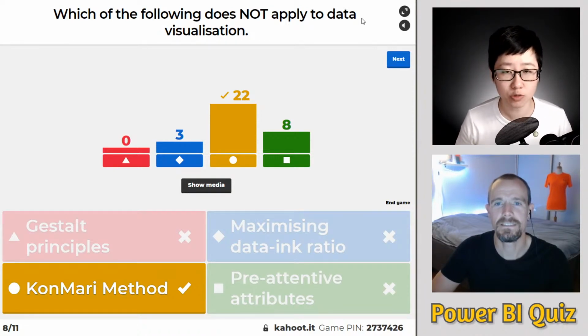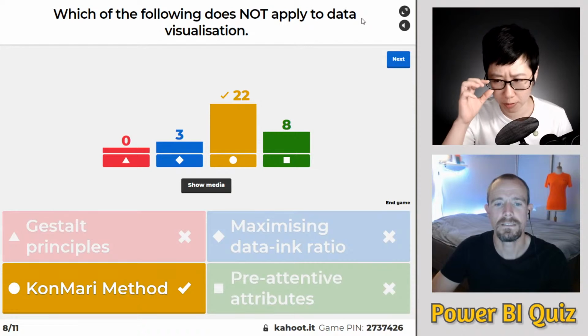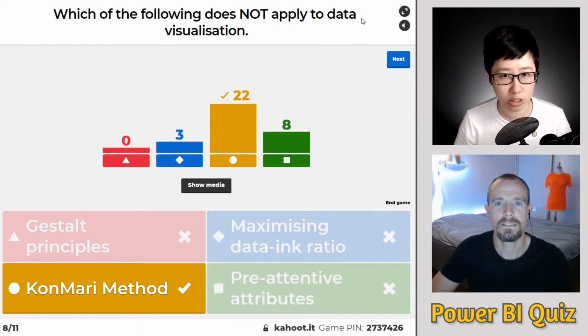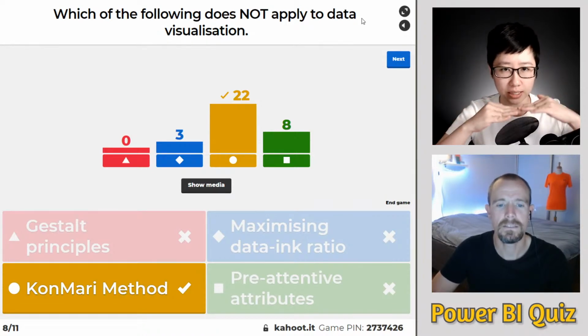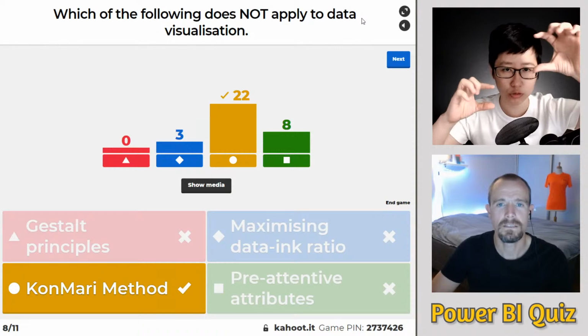Now, even if it's related to data-related ink, he's saying be judicious about it as well. You don't have to have duplicates of the same thing just to convey the same information. If you think about one of the earliest questions we had today, it was about the combo chart, right? And the answer that we chose was you can share the same x-axis, but then you have two separate charts.